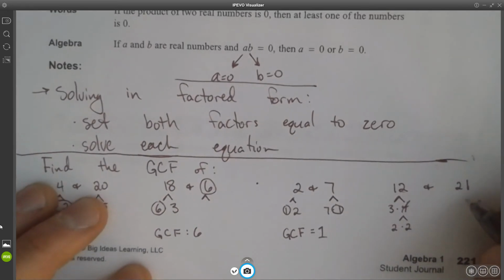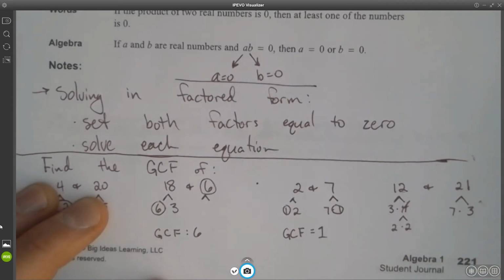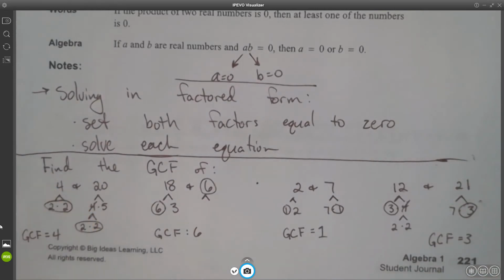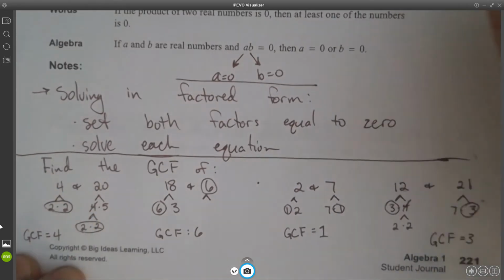So then let's try 21. 21 is 7 times 3. What do they have in common? They both have a factor of 3 in common, so the greatest common factor there is just 3. That'll come into play a little bit more later.